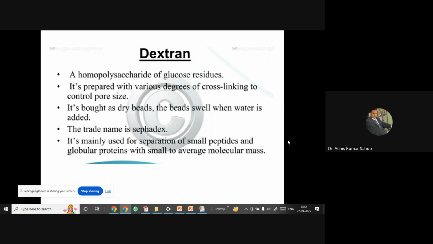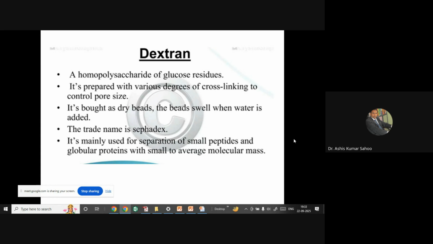It is prepared with various degrees of cross-linking to control pore size. It is bought as dry beads, and water is added. The trade name is Sephadex, mainly used for separation of small peptides and globular proteins.